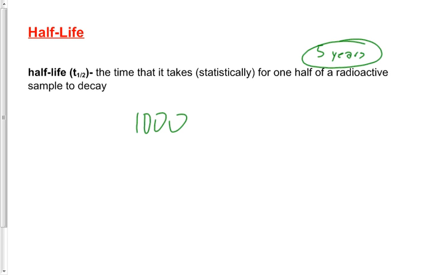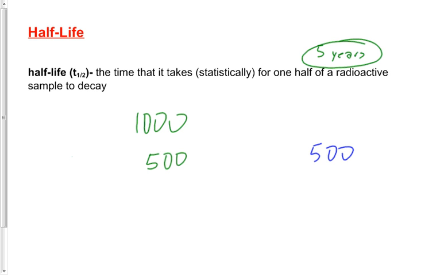How many do you have left after 5 years? 500. Right? Half of it has decayed on average in one half-life. Where's the other 500? Well, they're not gone. They've just decayed into something else. So we had 1,000 radioactive nuclei. Now we have 500 radioactive nuclei and 500 of something else.